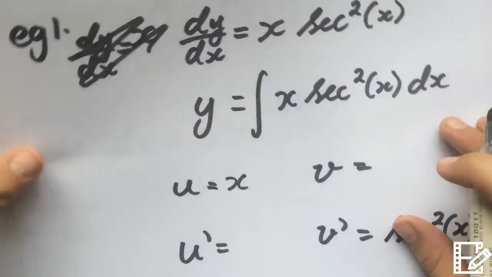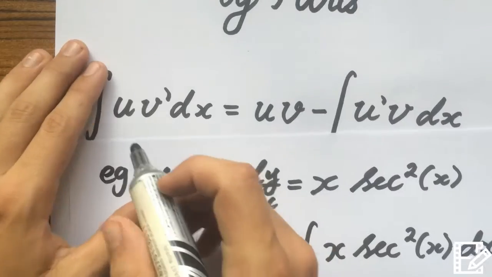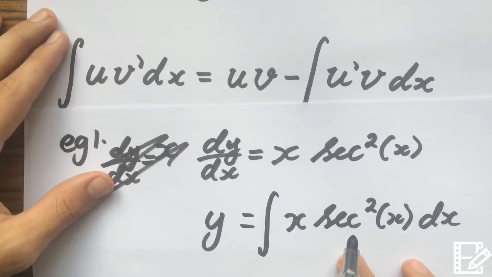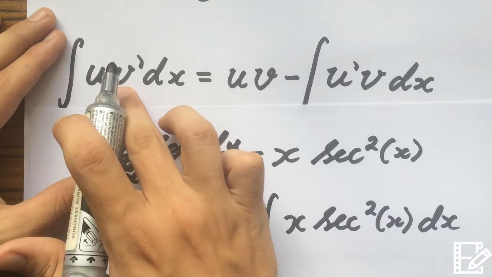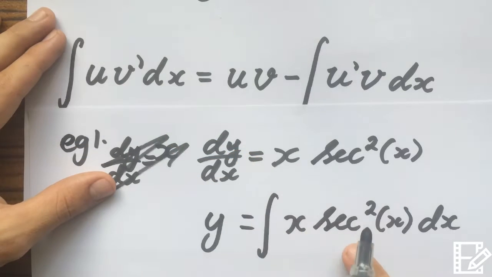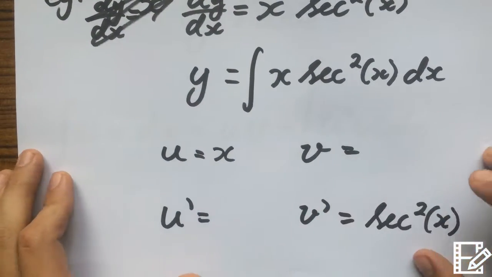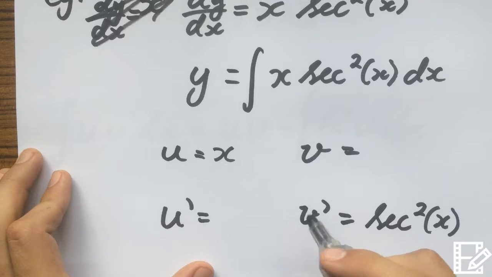Now, just remember that we're thinking of this as being that. So we're thinking of a u and a v dash. So we've got to pick one as u and one as v dash, just to hopefully get rid of any confusion. So we've got our u, we've got our v dash.